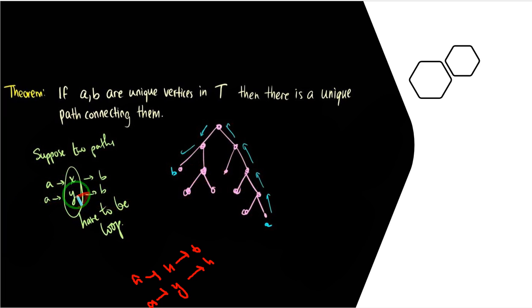So like this we have X and Y. Maybe once it makes a loop, then we can say that it's not a tree, because when it's not a tree, it means it will not have a unique path.